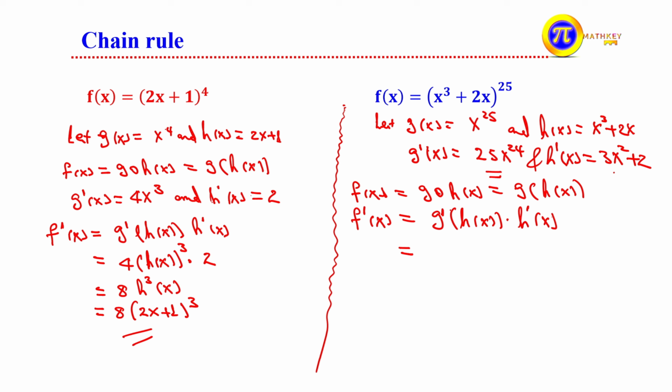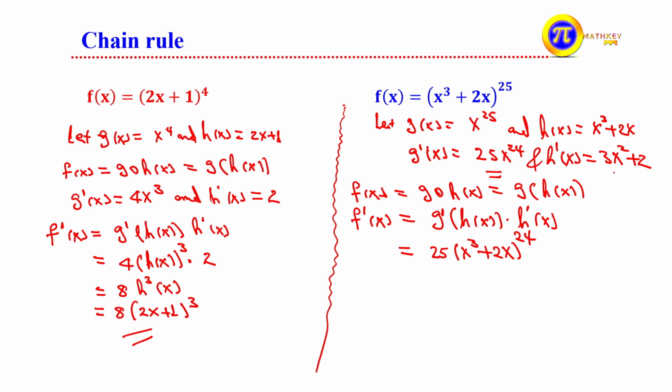G derivative not at x, instead we replace x with h of x, which is equal to 25 times h of x, that is x cube plus 2x, to the power of 24. Why? Because it is h of x, not x. G derivative at h of x, so we replace x with h of x, and it becomes h of x to the power of 24.